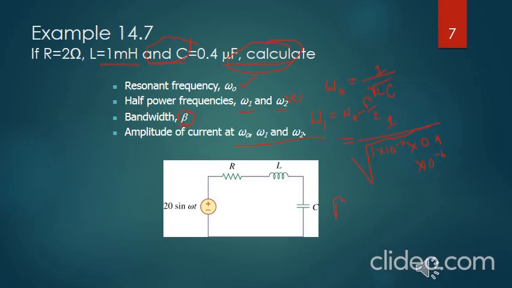As you know from bandwidth, beta is equal to omega 2 minus omega 1, and from this, last of all, you can calculate beta, put the value, and find out the bandwidth and amplitude of current.